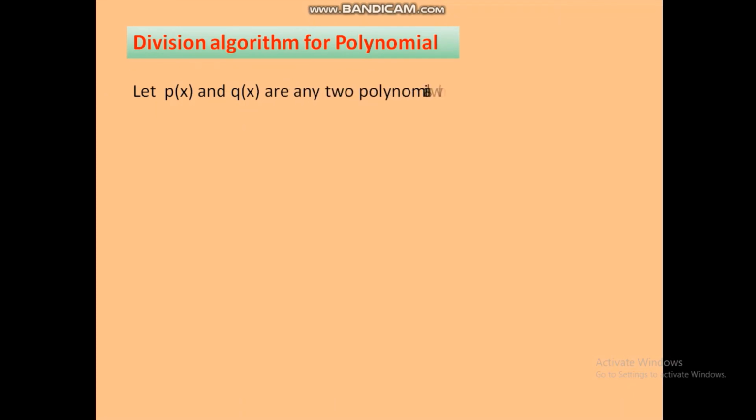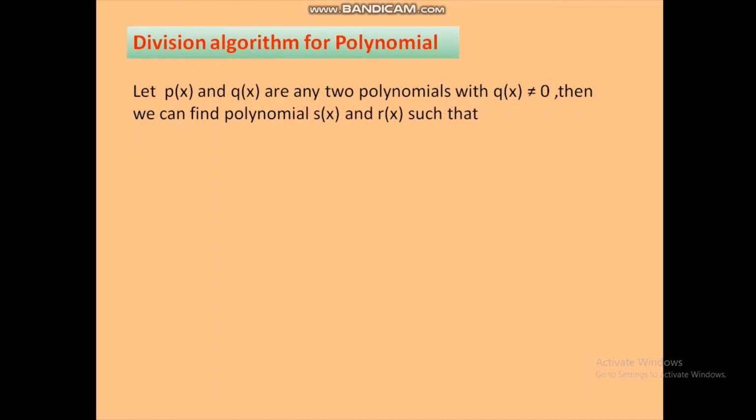So let us have any two polynomials px and qx, where qx is not equal to 0, then we can find polynomials sx and rx such that px is equal to sx into qx plus rx.